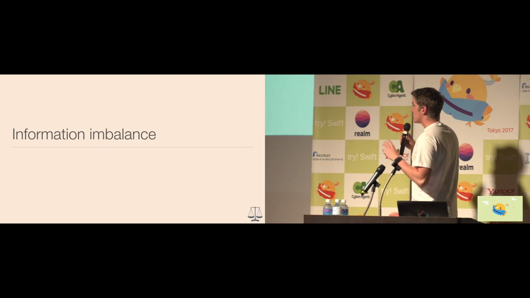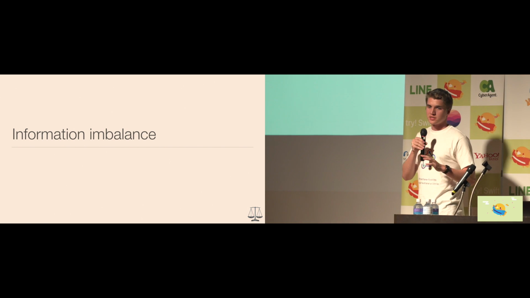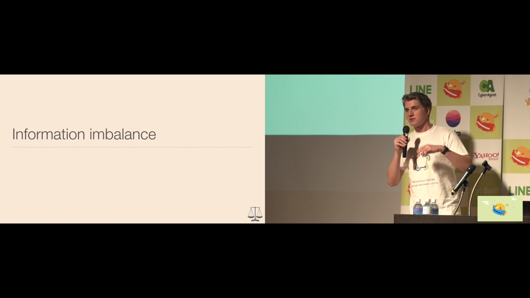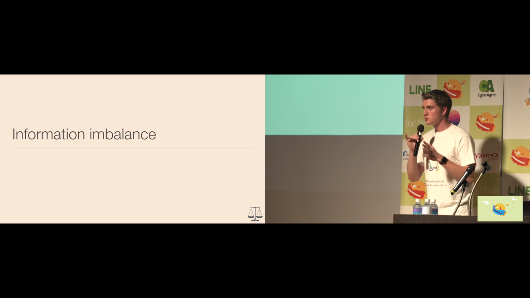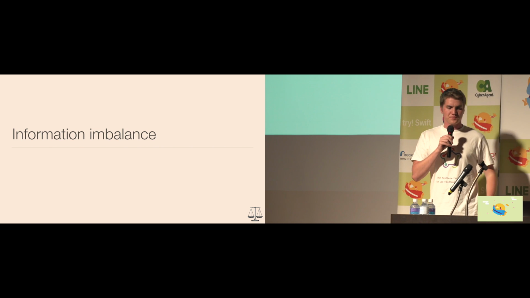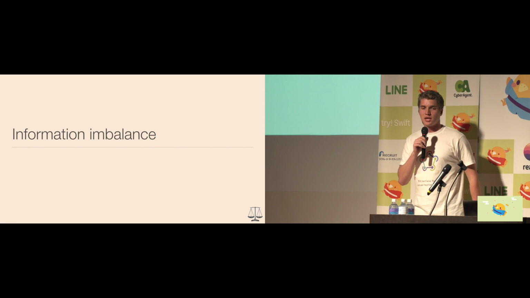And there is a big information imbalance between the project maintainers and the users. For you as a maintainer, it is just another issue. But for the user, this is everything. This issue is 100% of the interaction this user has with your project. So this is probably something they will remember for a really, really long time.